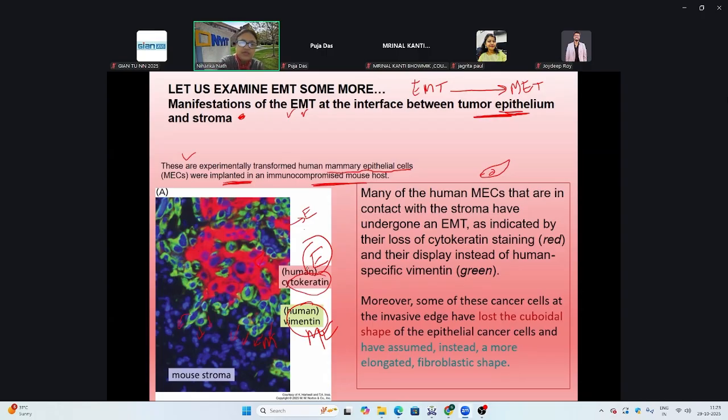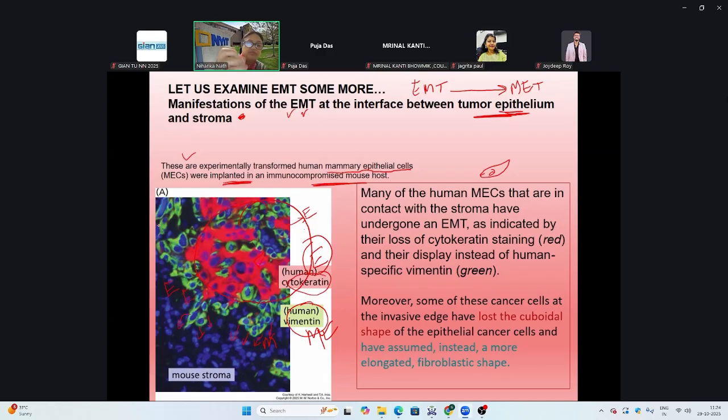This is proof that the epithelial cells of this breast cancer human tumor are changing their properties because they are showing the protein called vimentin.